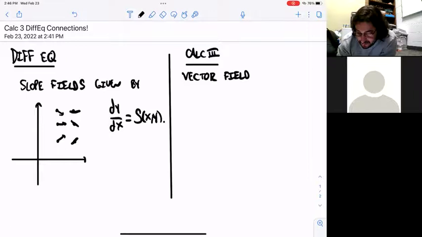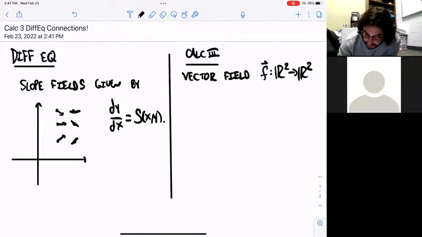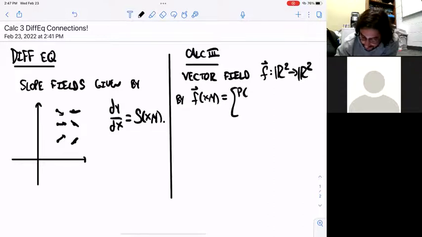So vector fields are usually given as a function that assigns a 2D vector to every point in the plane. And it would look something like this: F(x,y) equals P(x,y), Q(x,y).